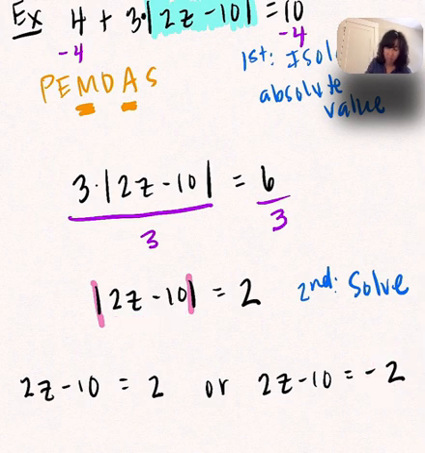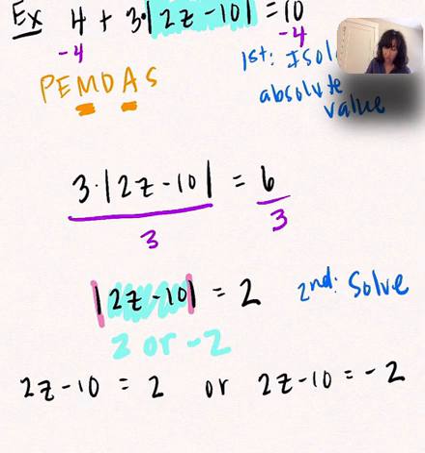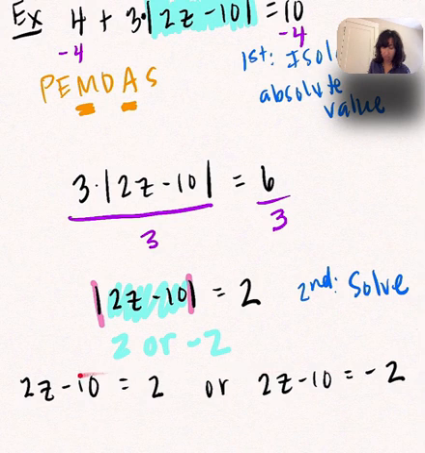How come? Because if the inside here is either 2 or negative 2, then I'm going to get a 2 back out when I take its absolute value. So that's the logic behind setting up these two equations right here.